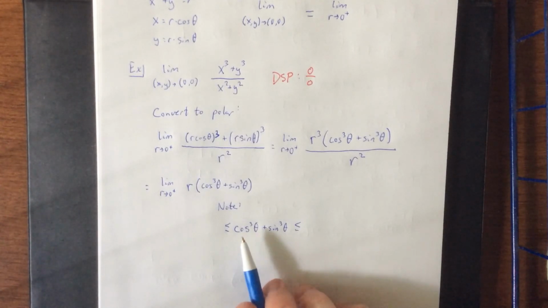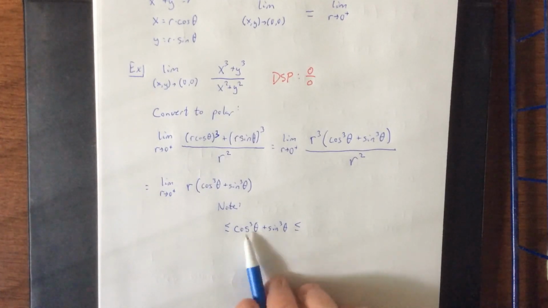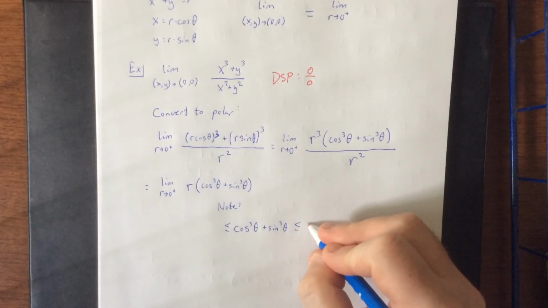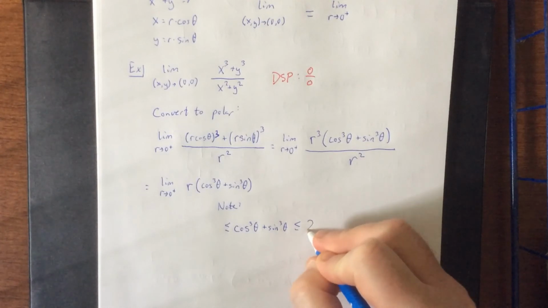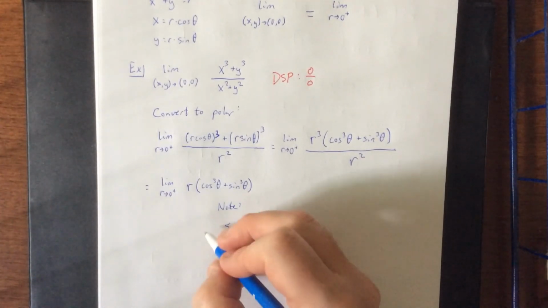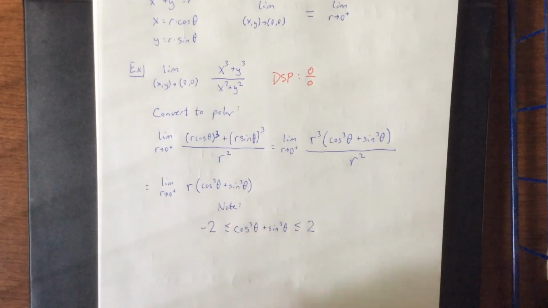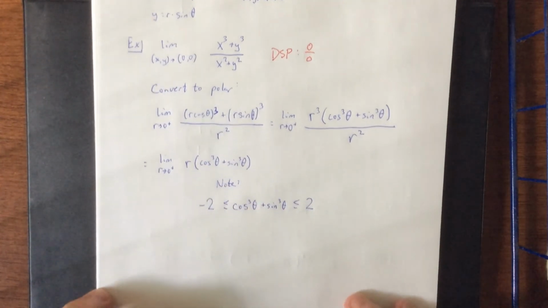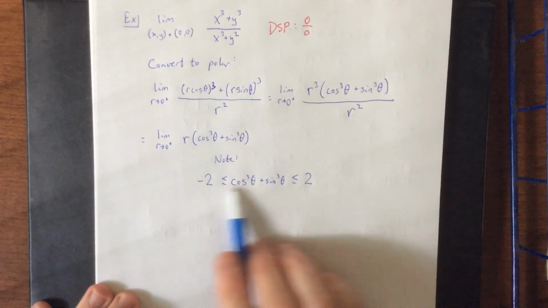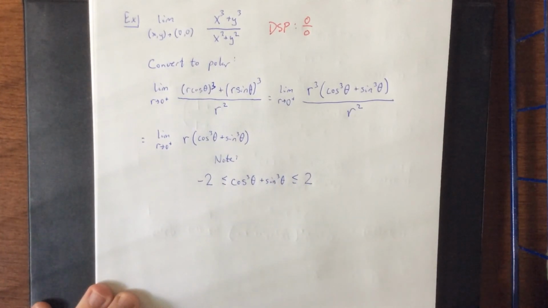The largest value that the cosine and the sine can each take on is 1. So cosine cubed of theta plus sine cubed of theta is most definitely going to be less than 1 plus 1. By a similar argument, there's no way that they can be less than -1 each, so the lower bound would be -2. Now again, the actual restriction on this is much, much more conservative than this, but that's fine.